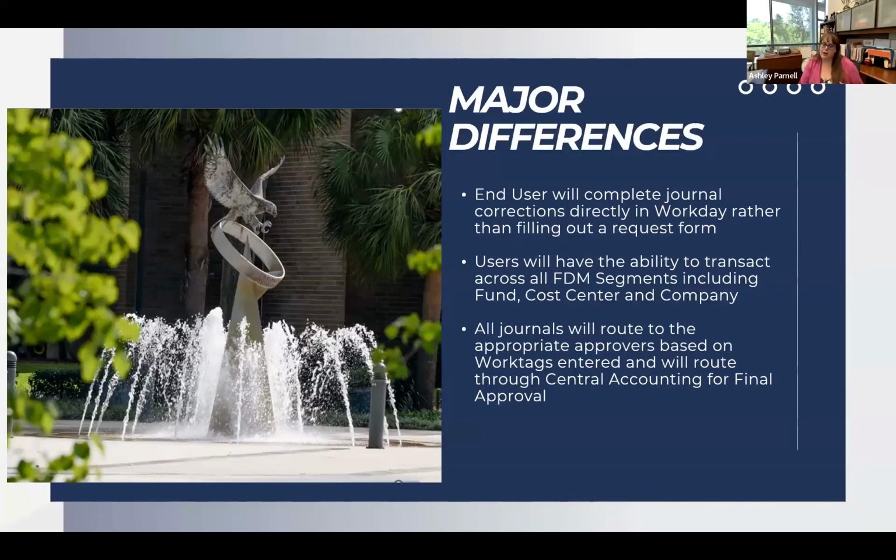And you're also not, in most cases, limited to your company. Like as I showed you, you can move payroll over to foundation. You can do manual journal entries to move expenses over to foundation. And then our last major difference is that all the journals will route to the appropriate approvers based on the work tags that you enter, and will route to central accounting for that final approval.